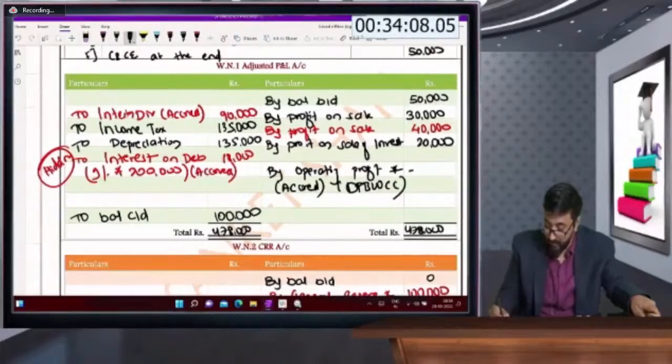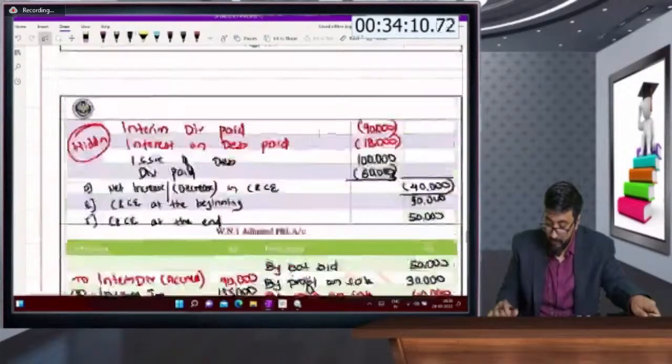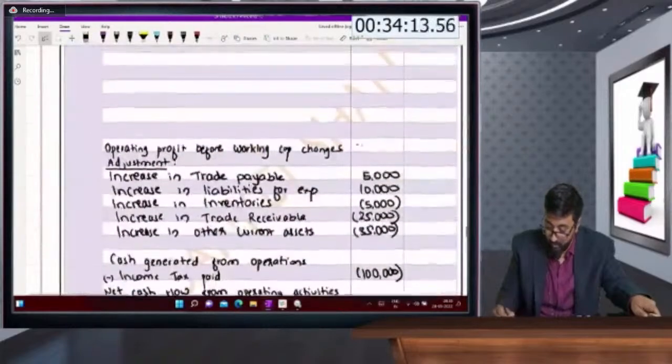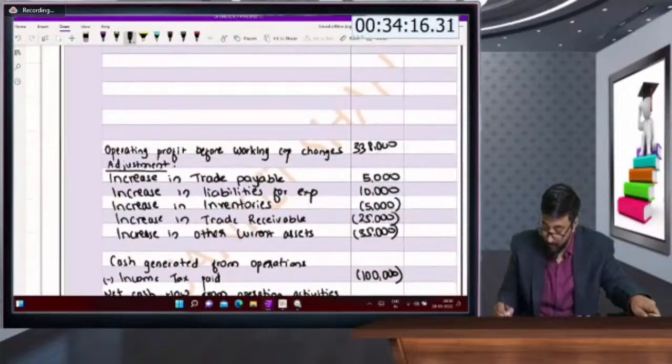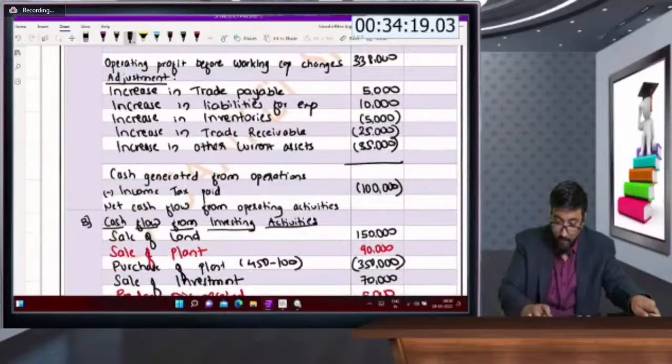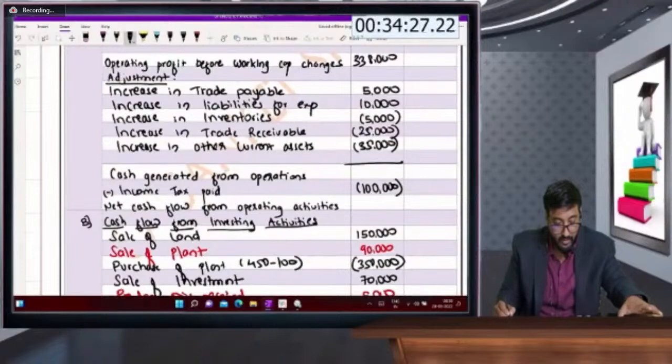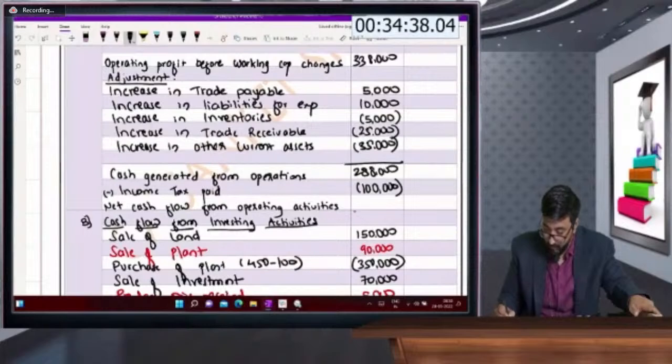I'm getting the figure 3,38,000. 3,38,000 plus 5 plus 10 minus 5 minus 25 minus 35 is equal to 2,88,000, minus 1 lakh, this is 1,88,000.